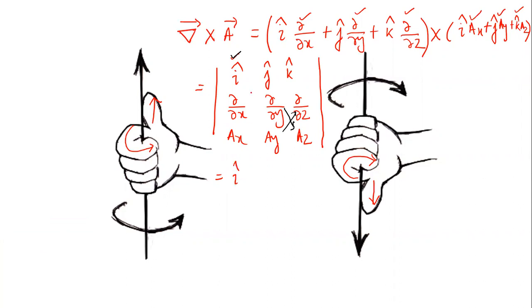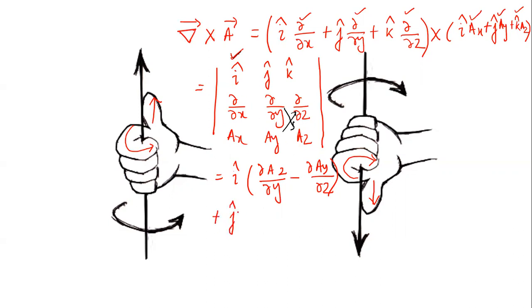For i cap, I kept this one. So in my bracket I got del az by del y minus del ay by del z. This is what we got from the i cap. Then you can write minus j cap or plus j cap; accordingly your order will change in the bracket.